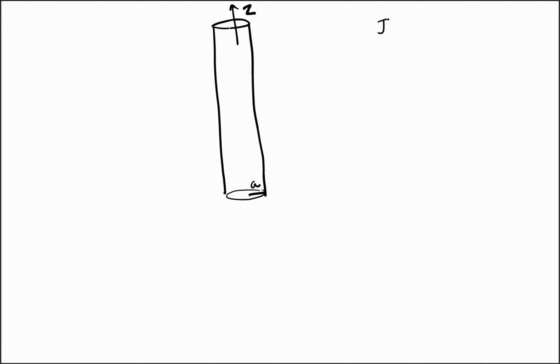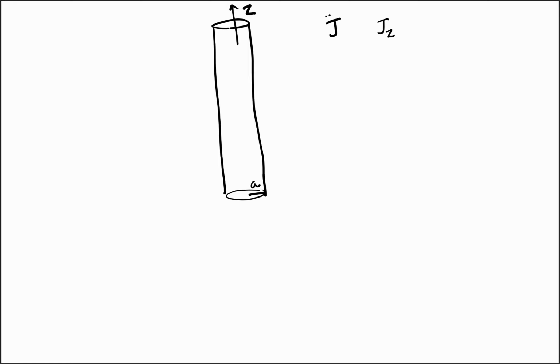So let us say that there is this conductor which is carrying current, and the direction of current is along z axis. The radius is a. So the current density will be in z direction and its other component will be 0.